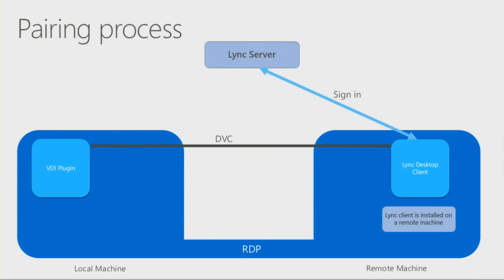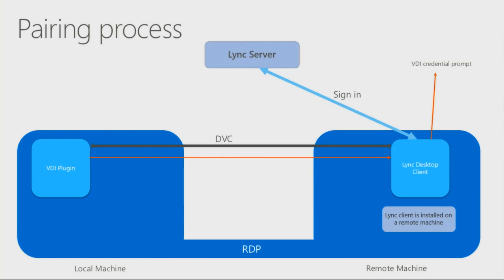So the plugin was waiting for the connection request to come in, and at this point, it has received the connection request. As soon as it gets it, the plugin will talk with the desktop client, and it will tell the desktop client, give me the credentials. At this point, the user would actually see the VDI credential prompt. I hope you guys are familiar with that. And this credential prompt will come up for the first time.